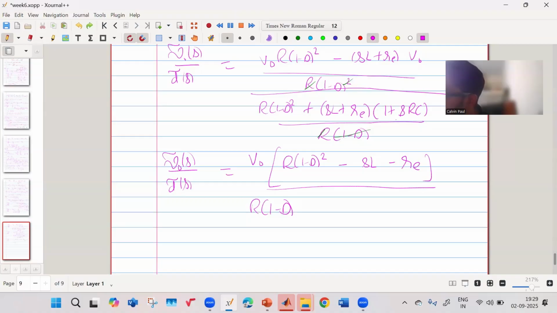Okay, V output upon 1 minus D into R into (1 minus D) square plus SL plus RE into 1 plus SRC.